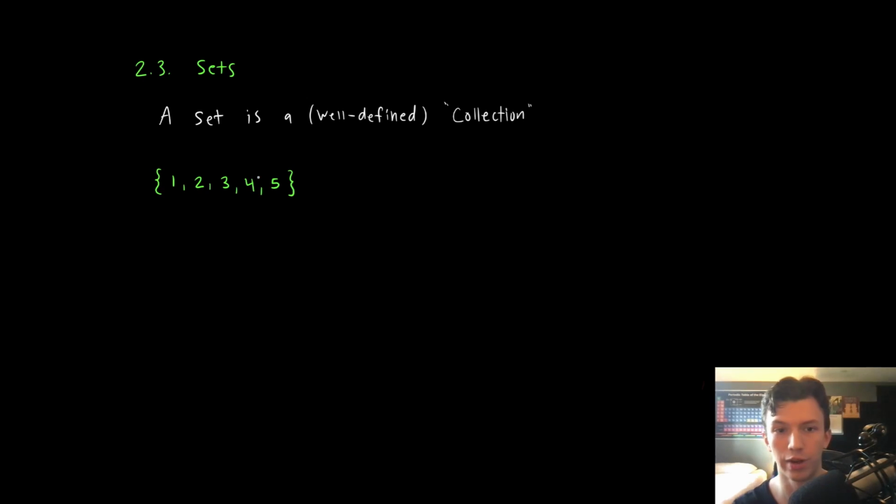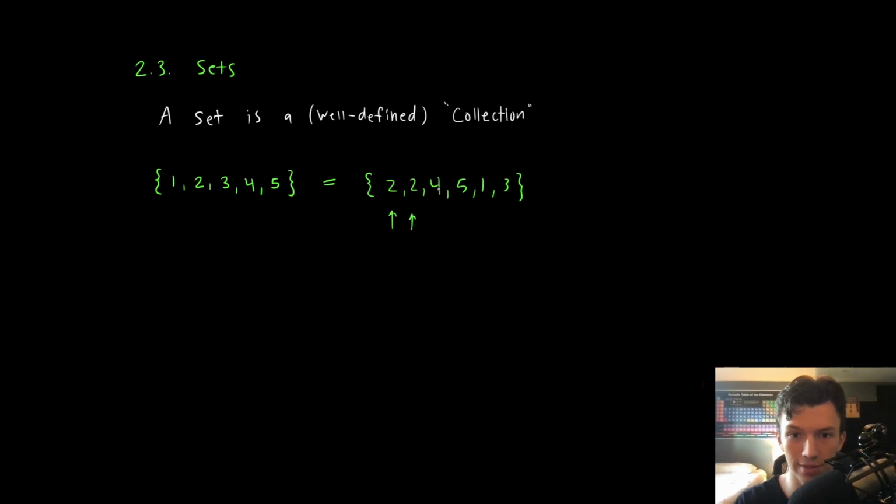But there are many different ways to represent it. So these representations are not unique, because this is equal to 2, 2, 4, 5, 1, 3, because I'm repeating an element twice, and I rearranged all the orders. But the set doesn't care.